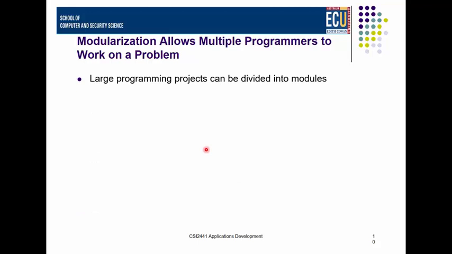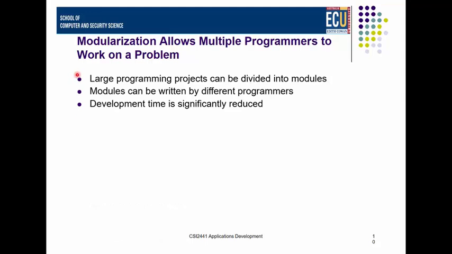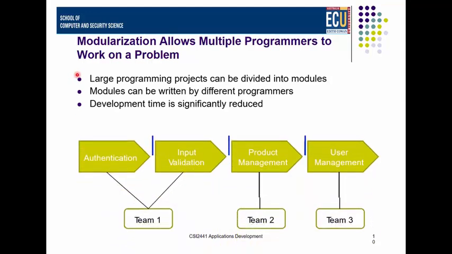As one of your fellow students mentioned, it helps teams to work on the same project. Once you are able to identify the modules, then those modules can be divided among the teams, and within teams they can be divided further depending upon how complex the program is. You may have one team working on authentication of the users and input validation.